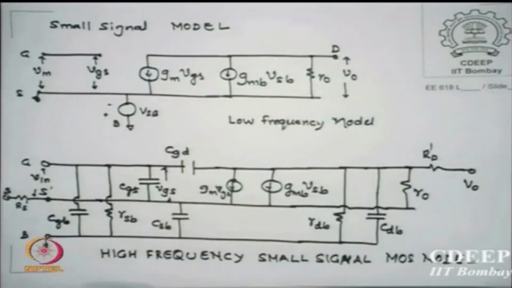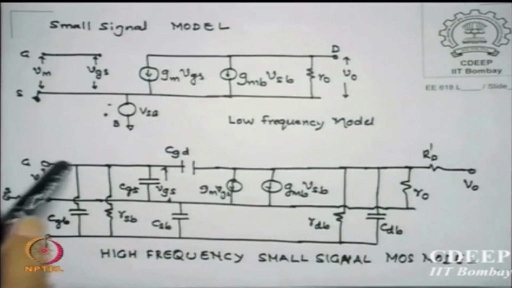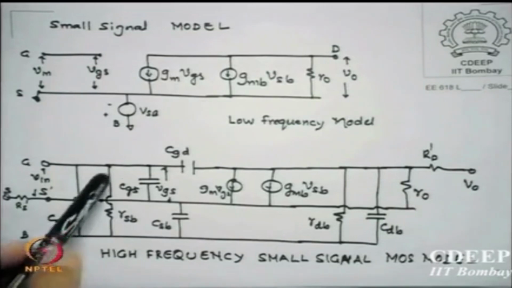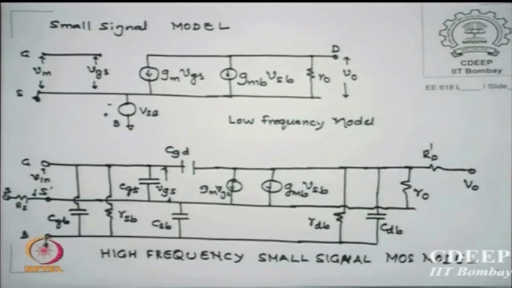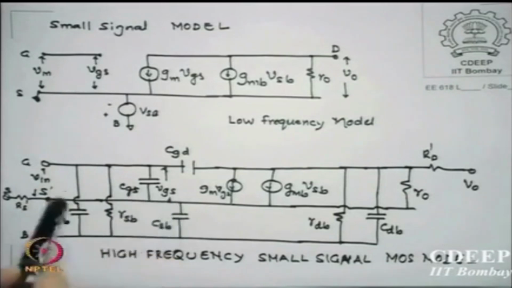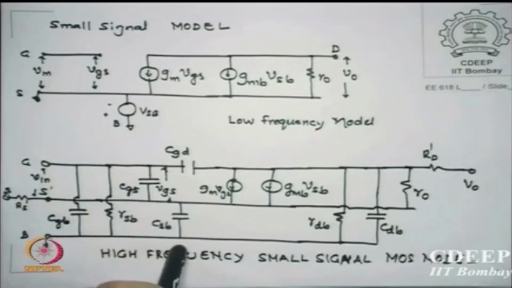Now what is different is there is a capacitance between gate and bulk, CGB. Sometimes it gets screened, sometimes it may not, but we should show it. In case it is screened, we just remove it. And there is a resistance associated with the substrate, called RSB. Then there is a capacitance between source and bulk, CSB.